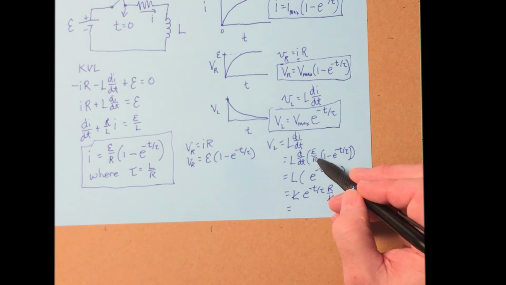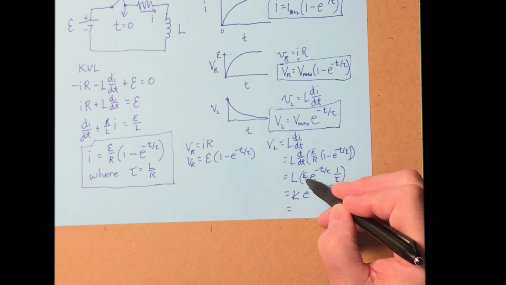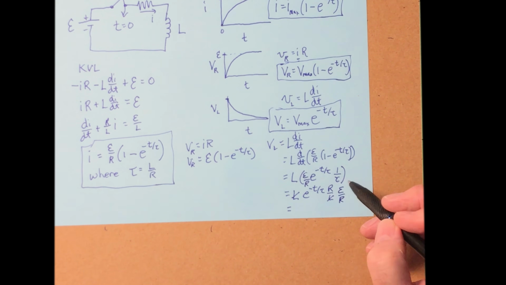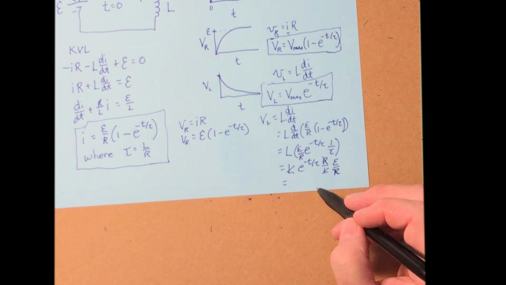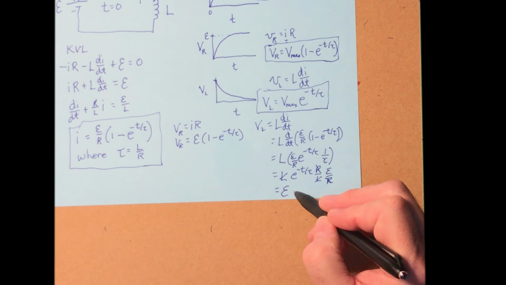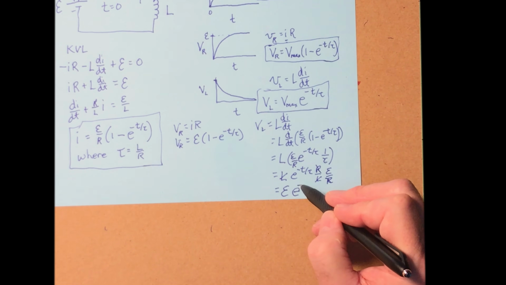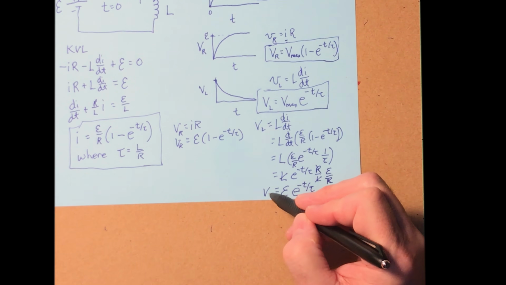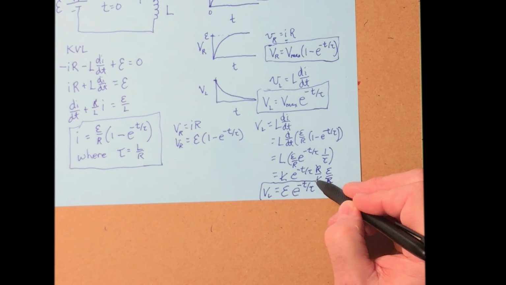I forgot my E over R here. And now you see the R's cancel. And what are we left with? E, that's EMF, E multiplied by the exponential e to the negative t over tau. So there's V sub L.